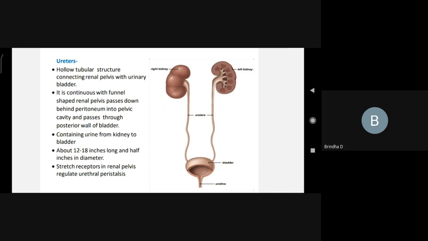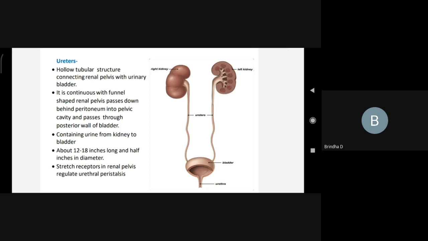What is ureter? It is a hollow tubular structure connecting renal pelvis with urinary bladder. Yesterday we discussed what renal pelvis is, and we discussed the detailed structure of kidney.